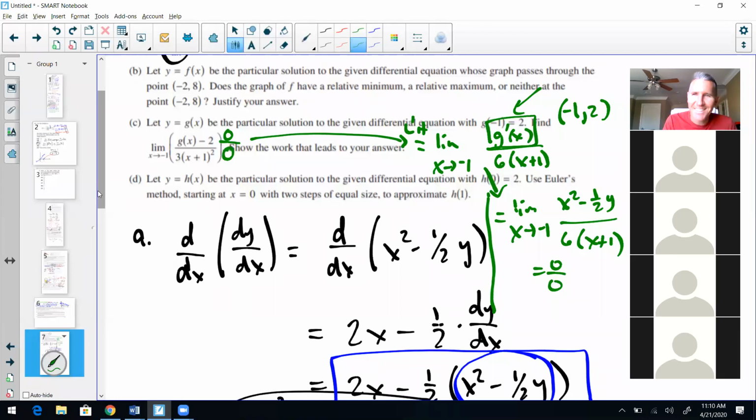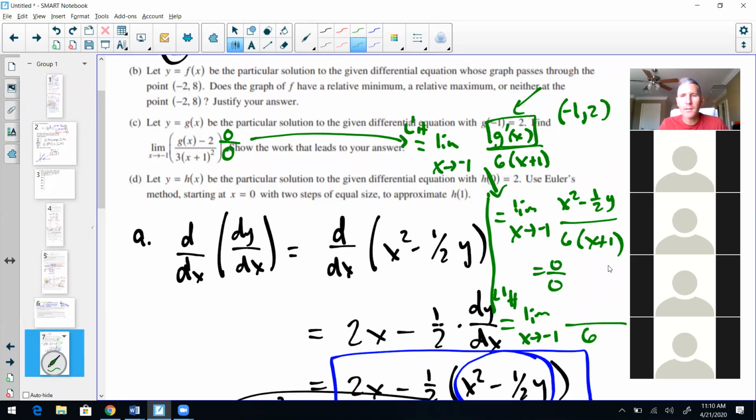L'Hopital's rule again. Yeah. It is equal, by L'Hopital's rule, to the limit as x approaches -1 of something over, what's the derivative of the denominator now? You could distribute that through or whatever, but what's the derivative of the denominator? 6.